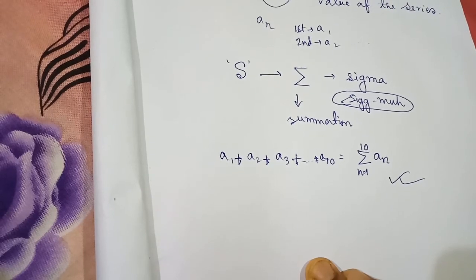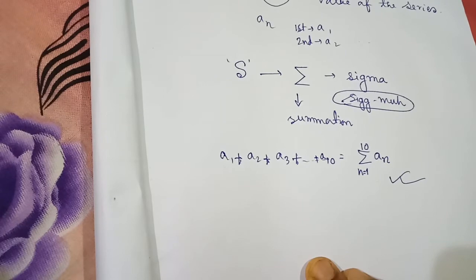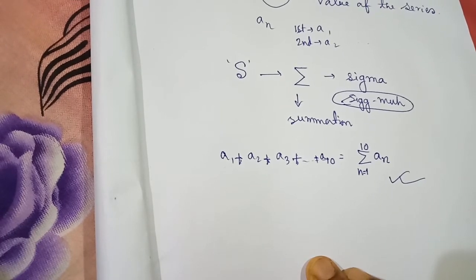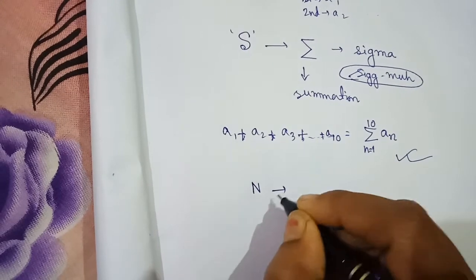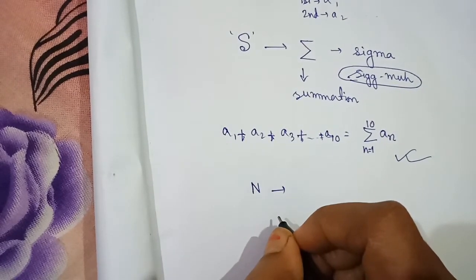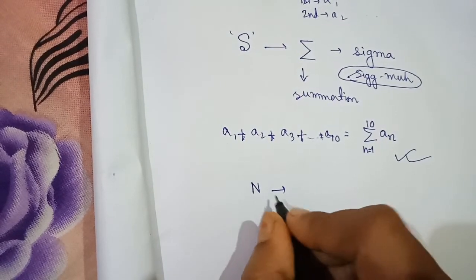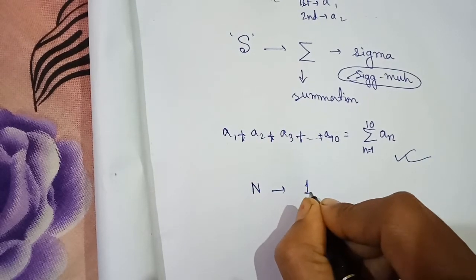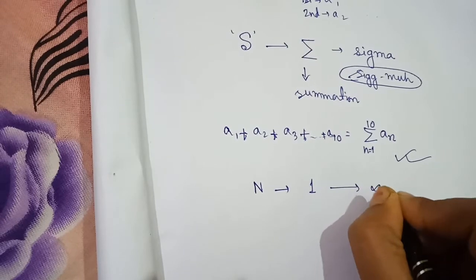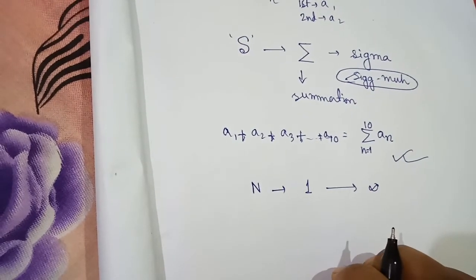Now obviously a sequence is an ordered list of numbers. Finite sequence and infinite sequence, I already told. The set of natural numbers is obviously a sequence, and it is an infinite sequence because it starts with 1 and goes on to infinity.